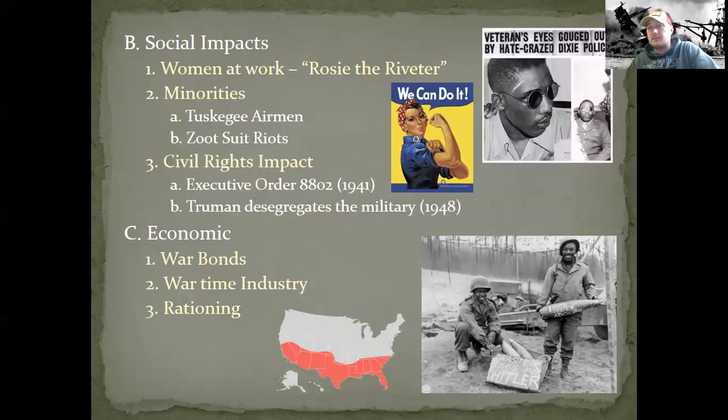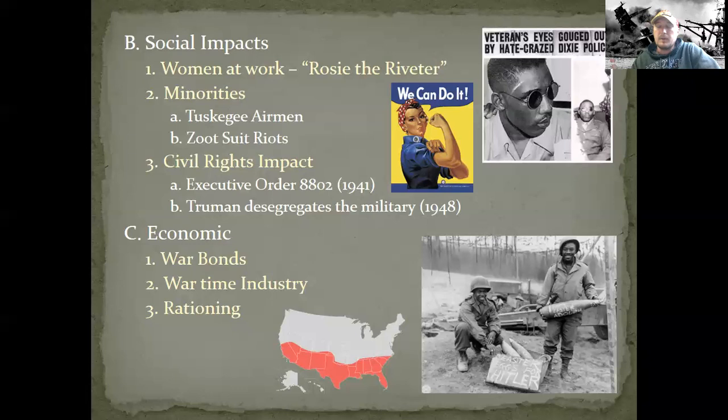I wish I had time to talk about more examples, but the Tuskegee Airmen were one of the most famous, celebrated squadrons of pilots. Previously, black men were not given that right to fly planes and to fight in that way, but they were proven to be capable.